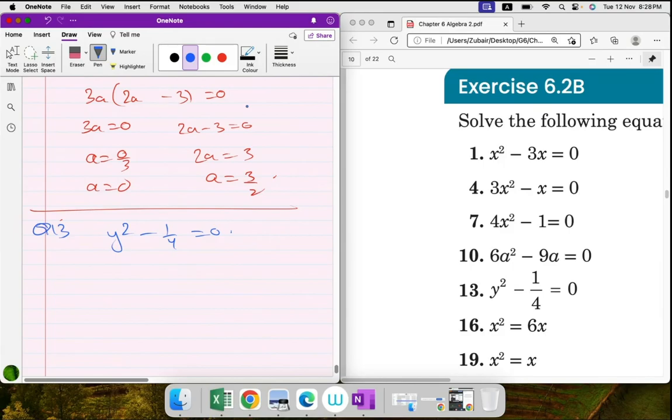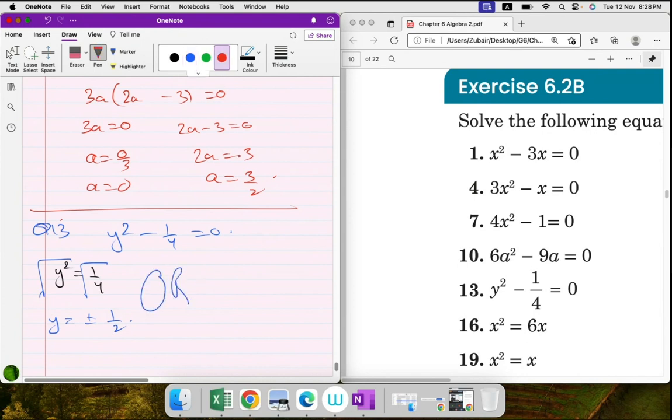Sir, y is equal to 1 and minus 1. Now y square is equal to 1 by 4. Square root both sides. y is equal to plus minus 1 by 2.